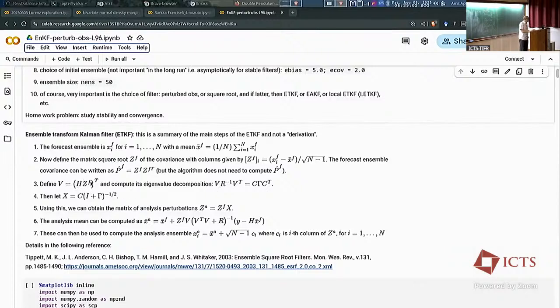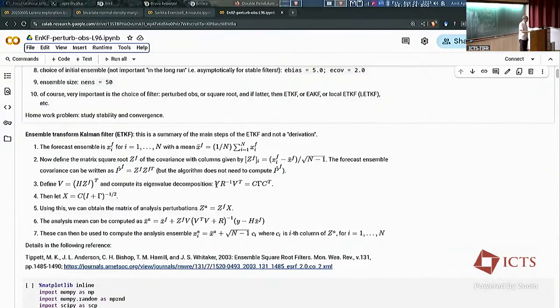And so the eigenvalue decomposition of that matrix is not so complicated. Actually, wait, did I make a mistake? No, that's right. Okay, sorry. It's not an eigenvalue decomposition of V, because V is not even a square matrix. V is rectangular. It's the eigenvalue decomposition of V R inverse V transpose, which in fact is a symmetric matrix.